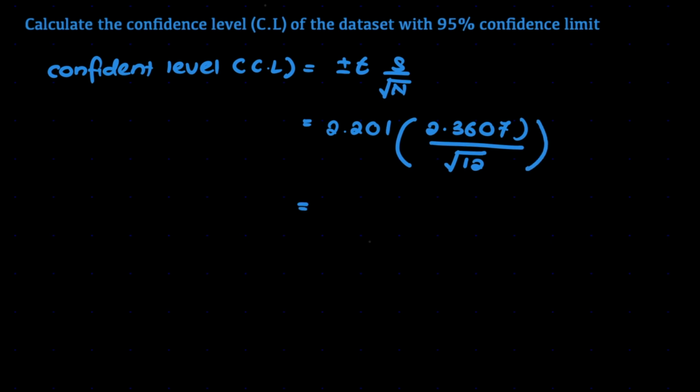So you will get your confidence level equivalent to 2.201 times 0.6815. Therefore, you will get your final answer equivalent to 1.4999 as well.